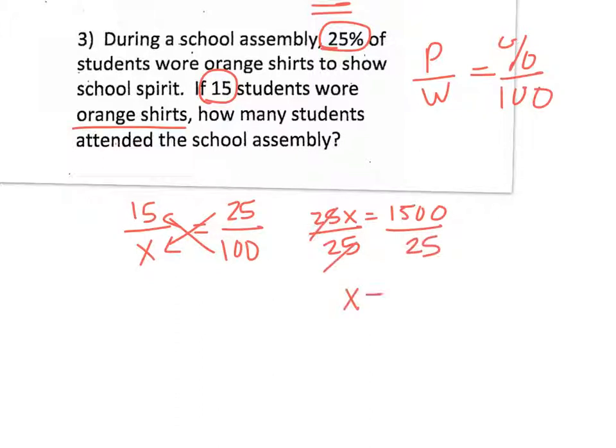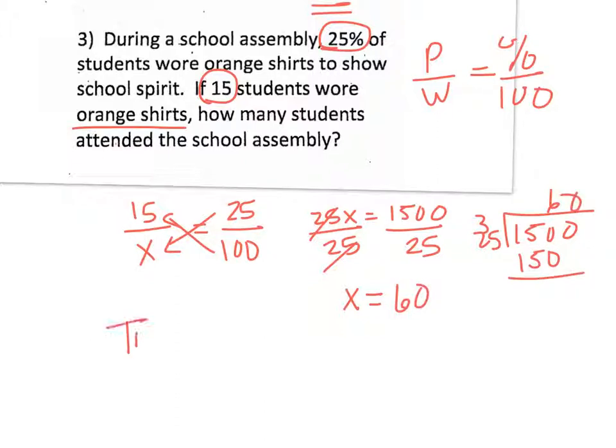We have x equals 1500 over 25. Let's not do that in my head, and we might make a mistake. So 60. There are a total of 60 students that attended the assembly.